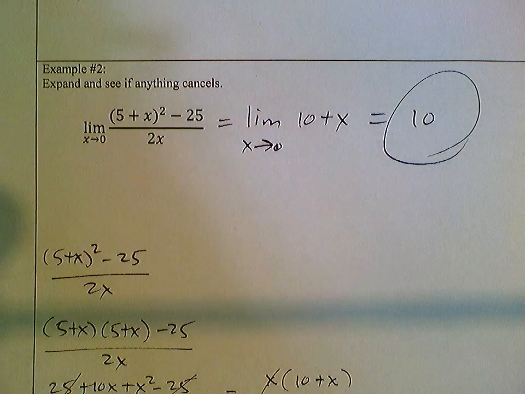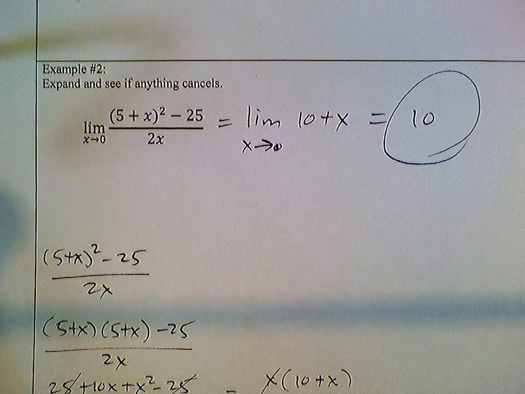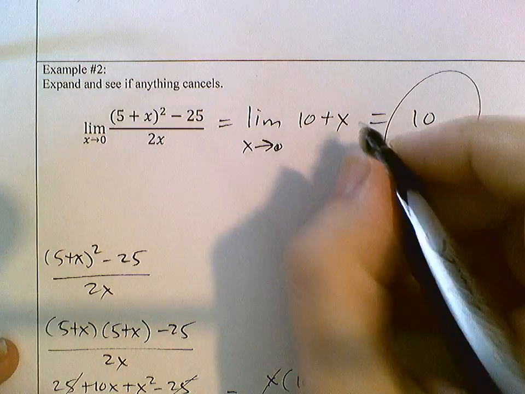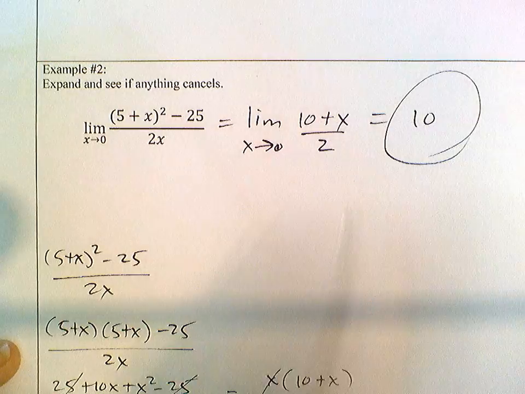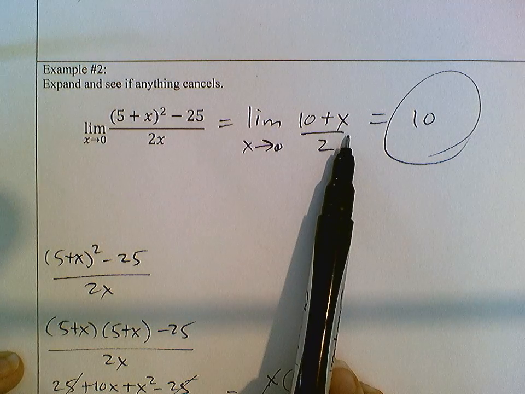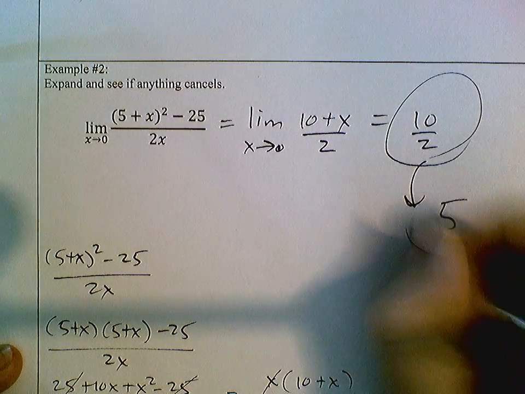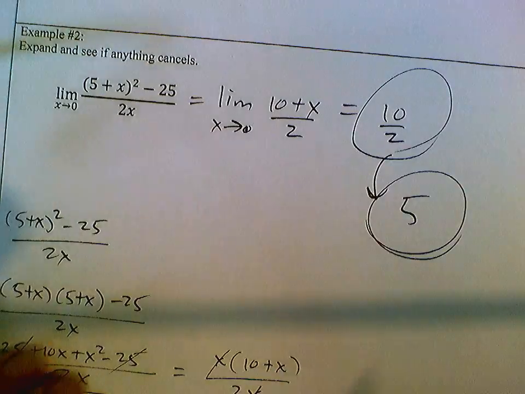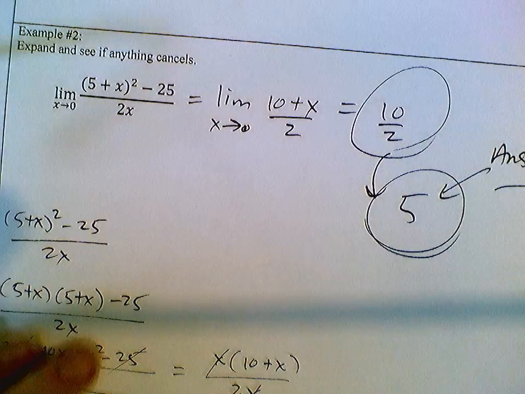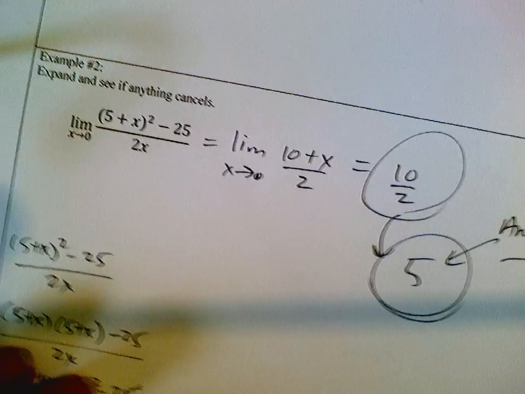Perfect. Ooh, I messed up. This is over 2. Sorry, that's over 2. So when you direct substitute, that should be 10 over 2. So the answer is 5. All right, that's the answer right there.